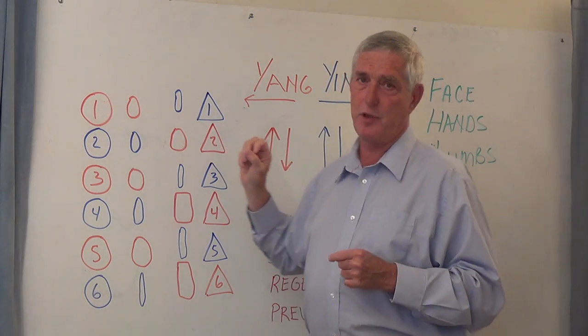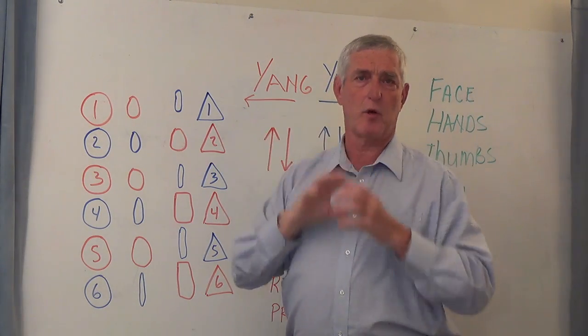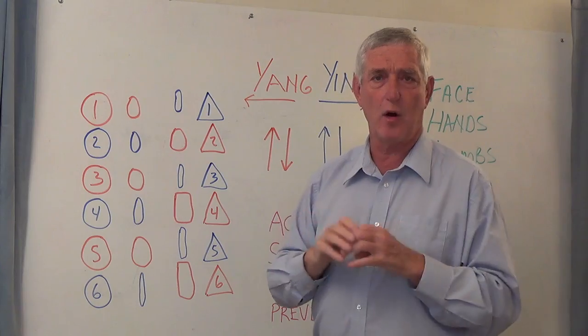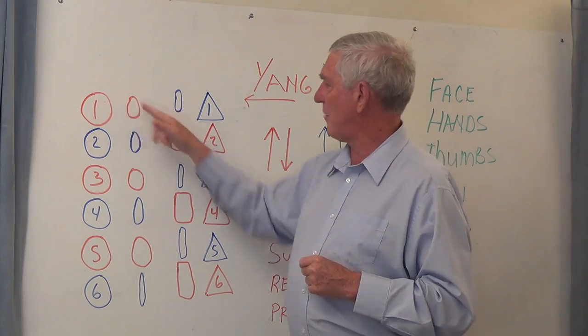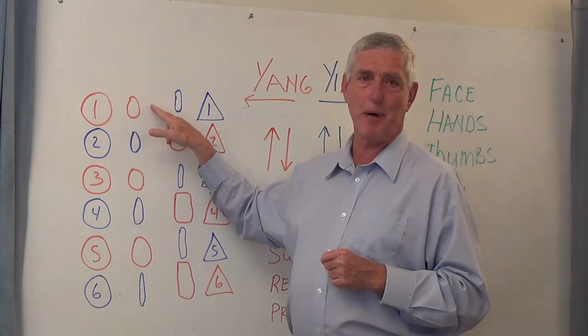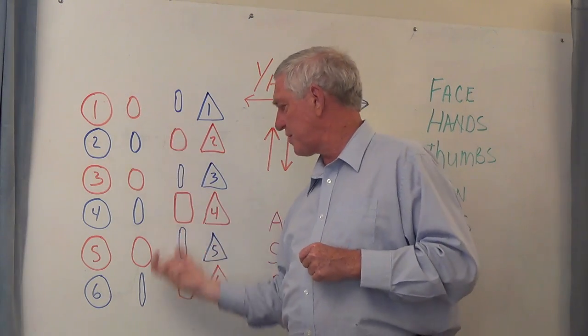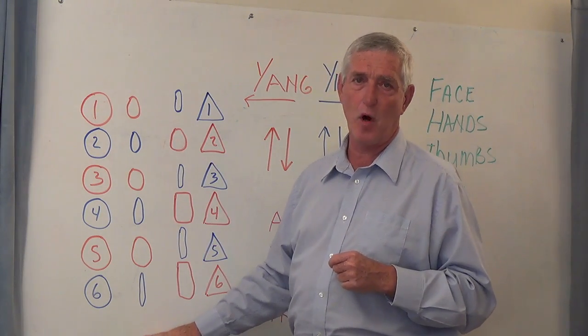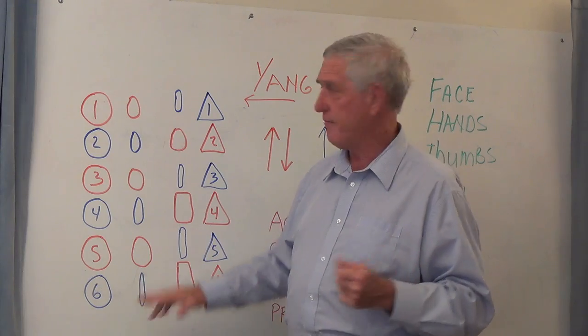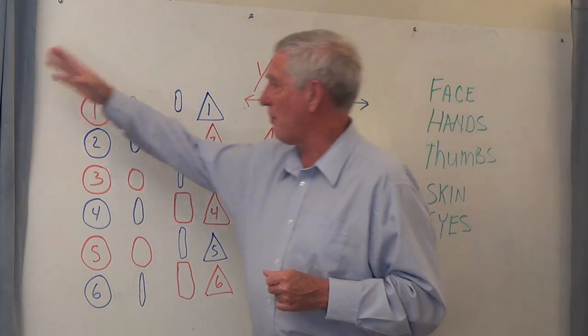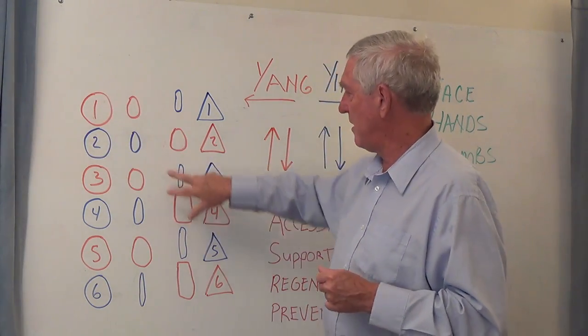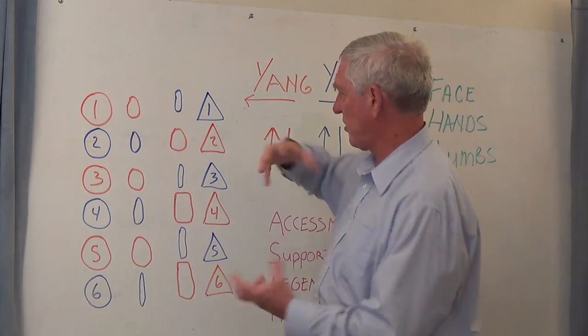So sometimes when you have a reversal or what's called a switching or an adaptation, when the number 1 girl is not this body type, she becomes more yin, then it changes the body type subsequently for all of her sisters. Meaning, number 2 now becomes more masculine in the body type, number 3 becomes more feminine, and so on.